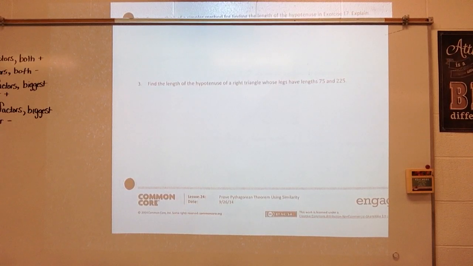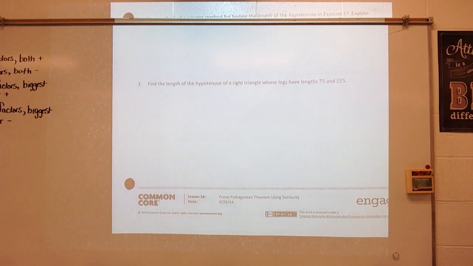If I think about similar triangles, then it might help me to make this a little bit easier. So a right triangle with legs of 75 and 225 have leg lengths that are 75 times longer than a triangle with the leg of 1 and 3. Alright?